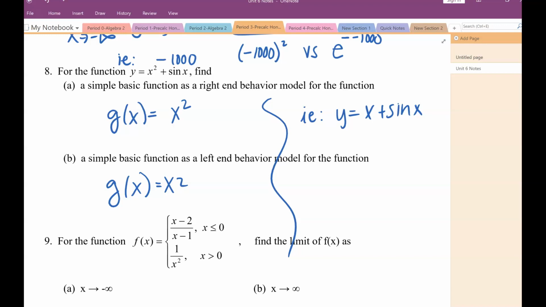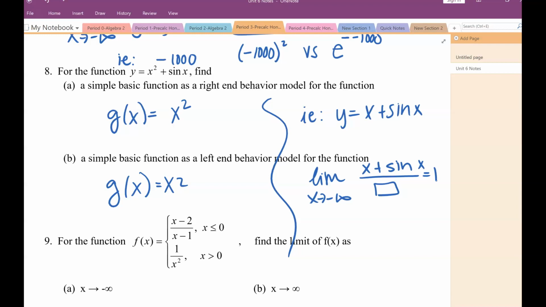Why would that be? Remember, when we divide f of x, the limit, when we divide this function, it has to be divided by something so that your output is 1. So if I pick negative 1000, would you guys agree with that statement? Sine x can only be either positive or negative 1.